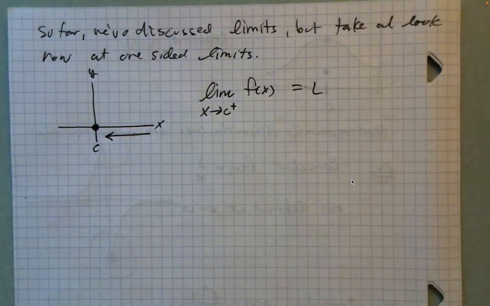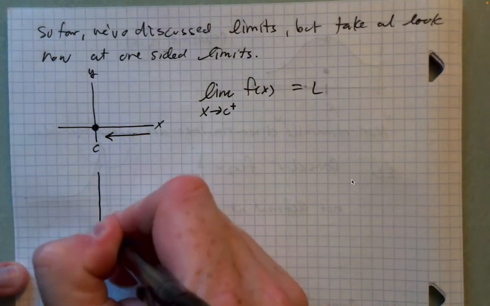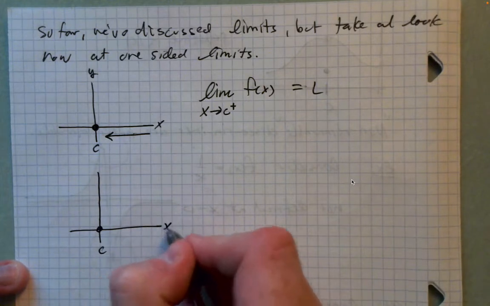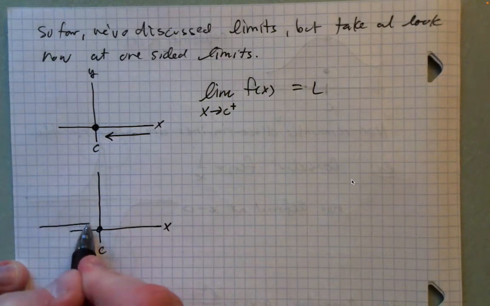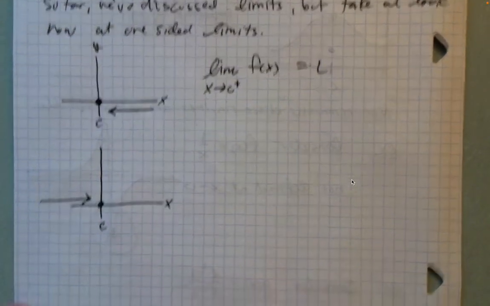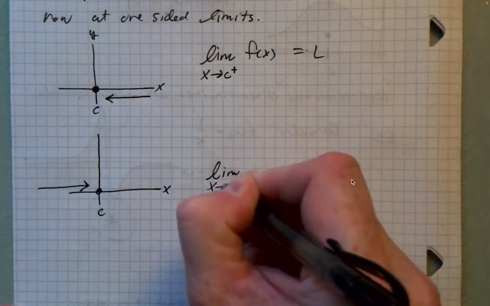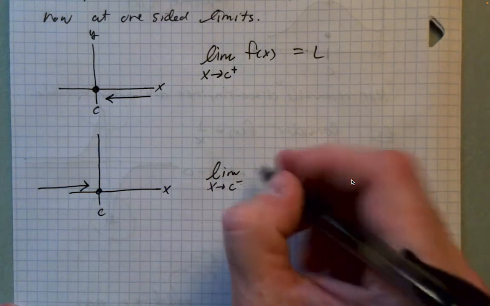So as we approach it from the right-hand side, now you could also have a similar situation where you've got your C and you're approaching it from the opposite direction. And that we would call a left-hand limit: the limit as x approaches c from the left-hand side, or the negative side.